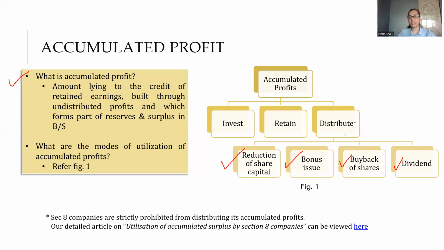One important point to be noted is that Section 8 companies are strictly prohibited from distributing their accumulated profits to shareholders. The reason is that Section 8 companies are formed for a specific purpose and can use their funds only for funding those particular projects. Therefore, distribution of accumulated profits to the shareholders is strictly prohibited in the case of a Section 8 company.